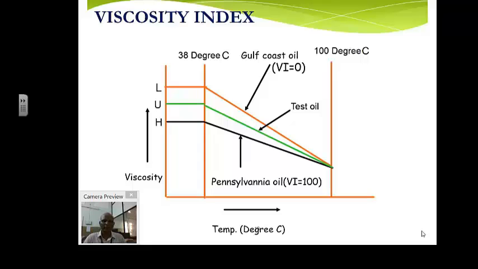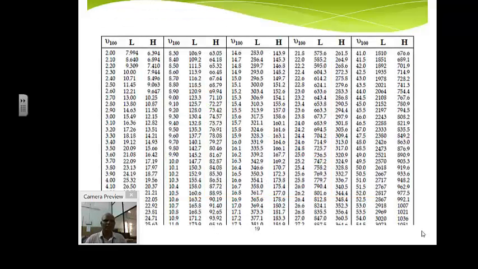The viscosity values of all these three oils at 100 degrees centigrade remain the same, whereas at 38 degrees centigrade they will be different. These values are available in the following chart, and one can determine the viscosity index of a particular oil by comparing these two groups of oils.